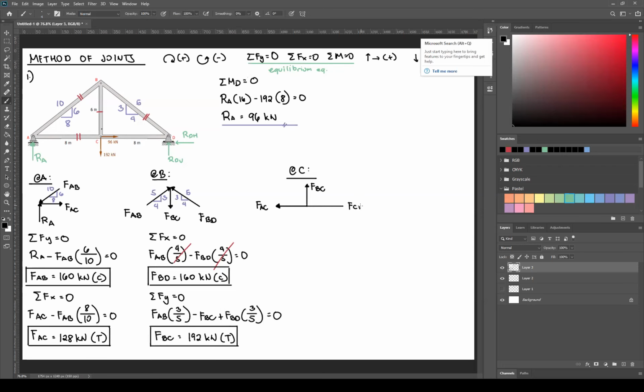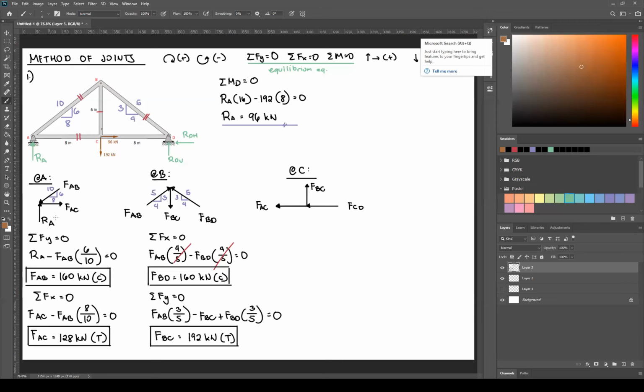FCD, I don't know. So you can just assume. Let's say I made a random guess. I said to the left. So you can still do just random guesses. And now, if you've noticed, we have external forces. So whenever you're doing joints, don't forget the external forces and reactions.